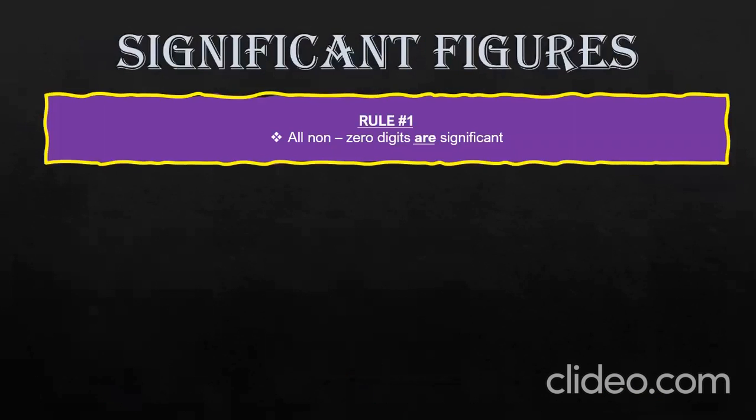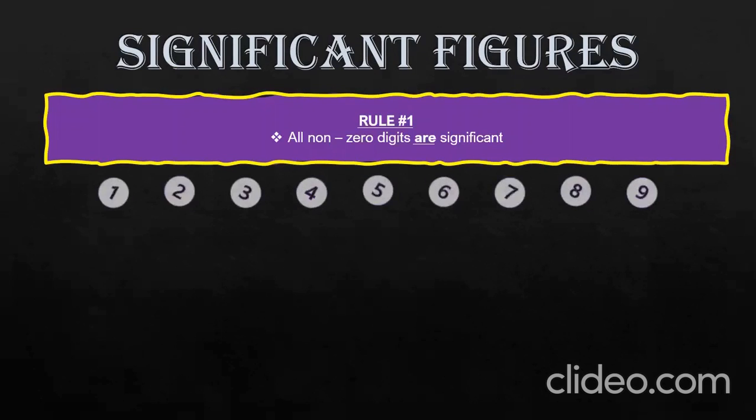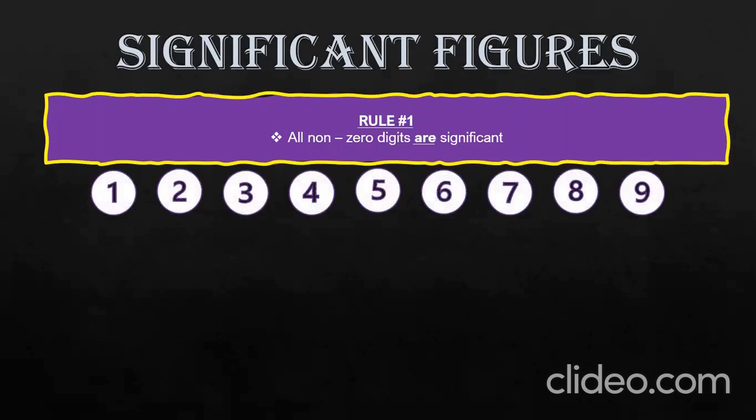Now, when we are identifying, as I said, the number of significant figures that a number has, there are some rules that we need to consider. And so the first thing that we need to remember is that all non-zero digits are significant. What are non-zero digits? 1, 2, 3, 4, 5, 6, 7, 8, 9.